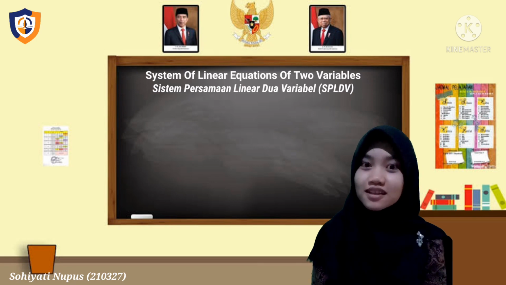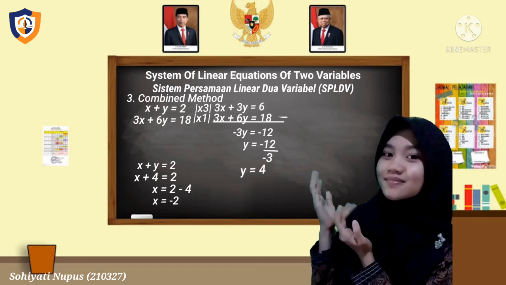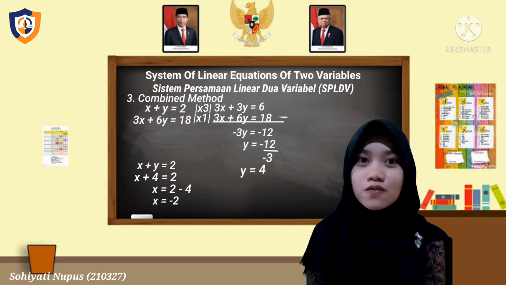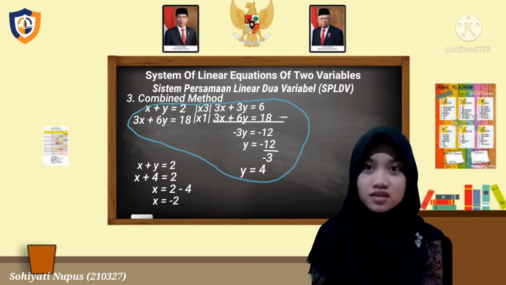Okay, the third method is a mixed method, a mixture of elimination and substitution, which can also be called a combined method. For this mix, we use the elimination method first.